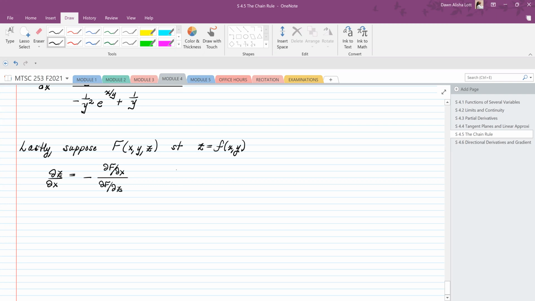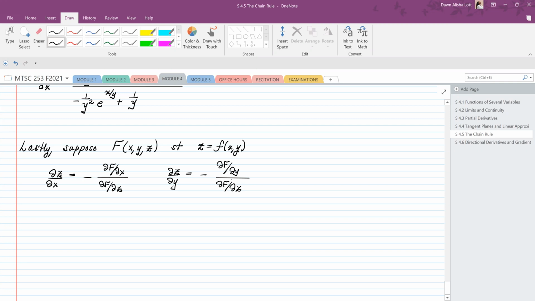And the partial of z with respect to y is negative the partial of f with respect to y, and then you have to divide by the partial of f with respect to z. Okay, so what in the world does that mean?